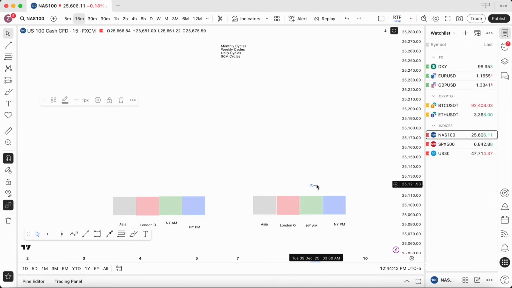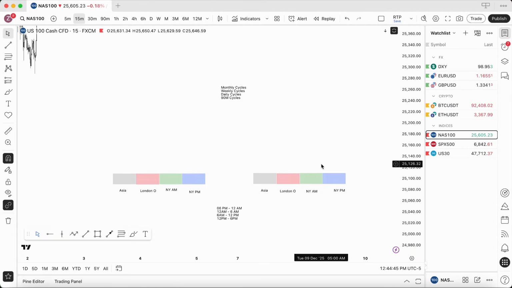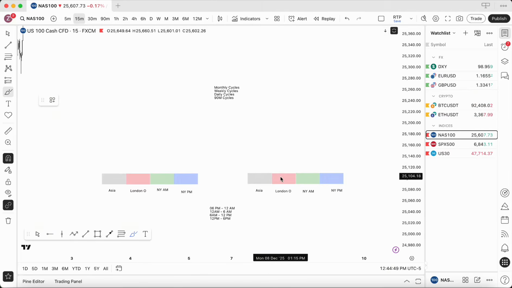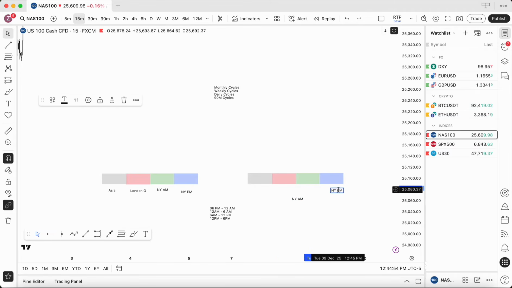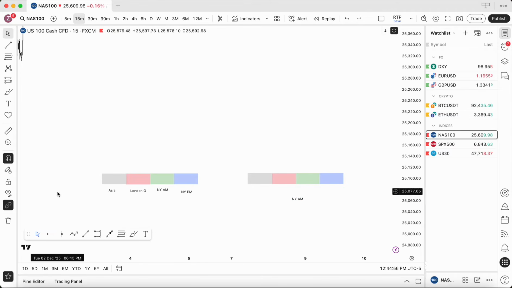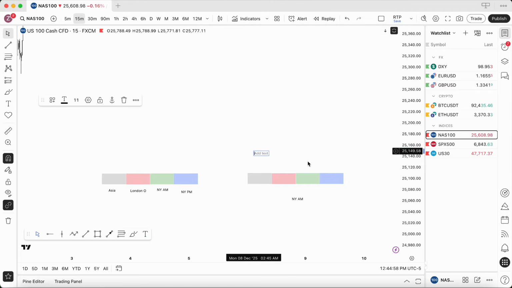What I would say now is that I am getting a little bit deeper. Now, of course, to trade, to scalp, maybe you can use the 90-minute cycles. It means dividing each session. Imagine this can be New York AM session. It's from 6 a.m. to 7:30 a.m. And at 7:30 starts what? True opening, right?